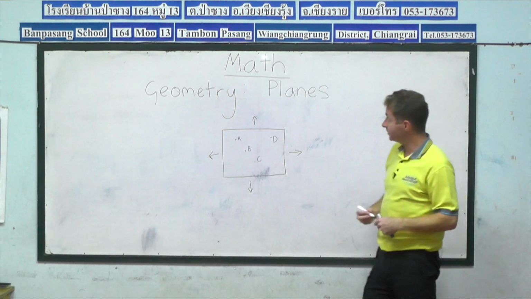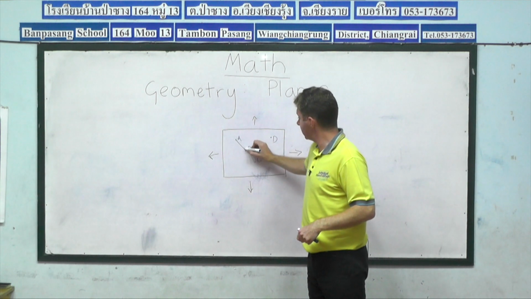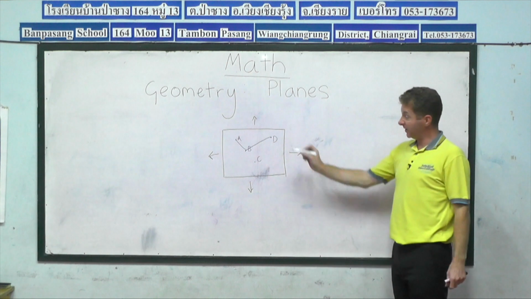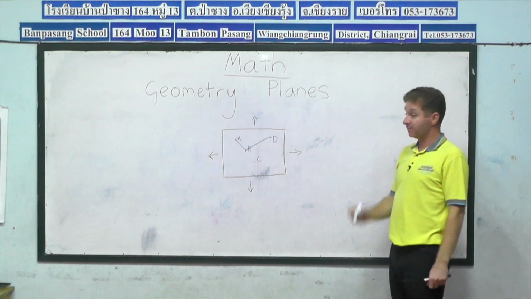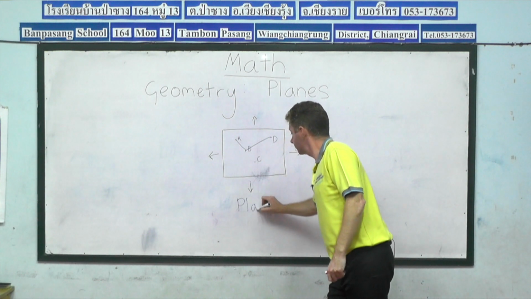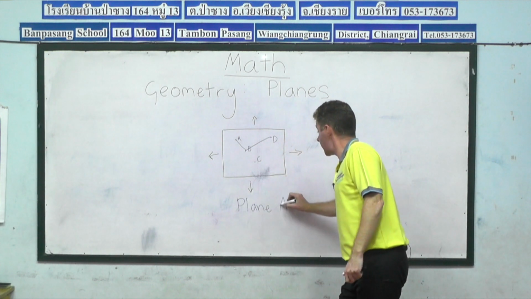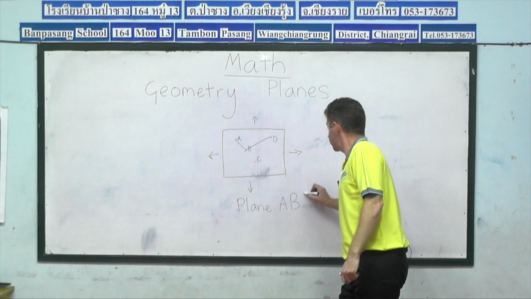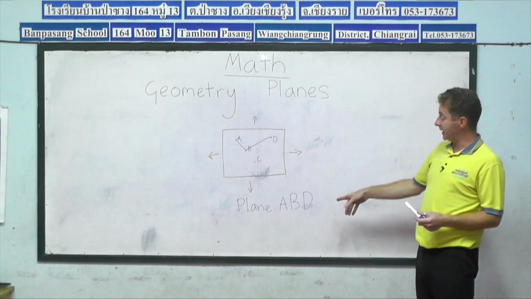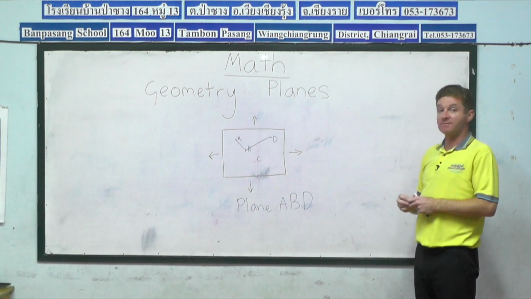A, B, D. A to B, we go down, and then B to D goes across. Is that a straight line? No. So we can say plane A, B, D.